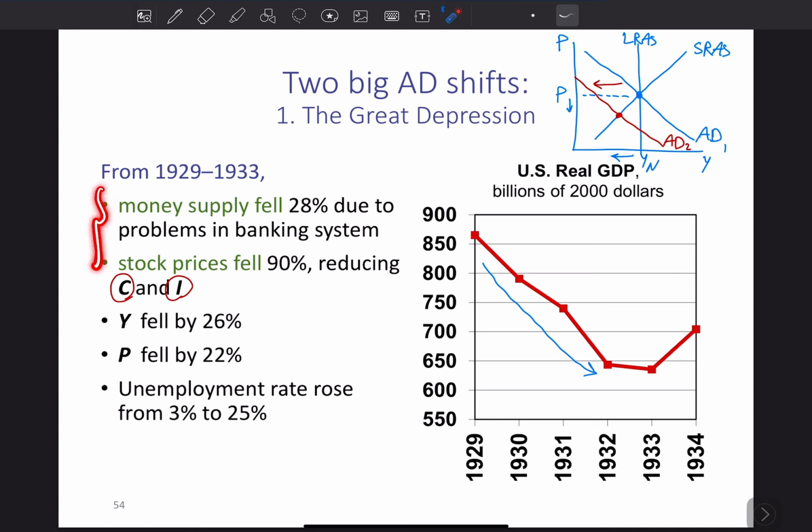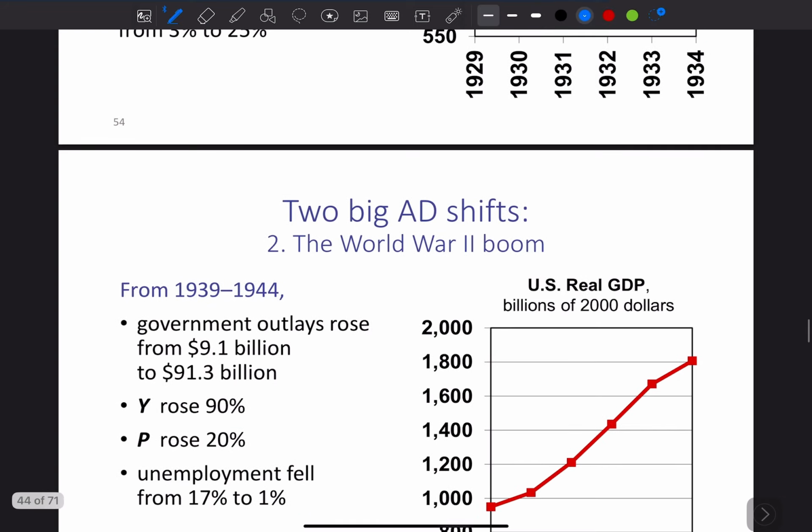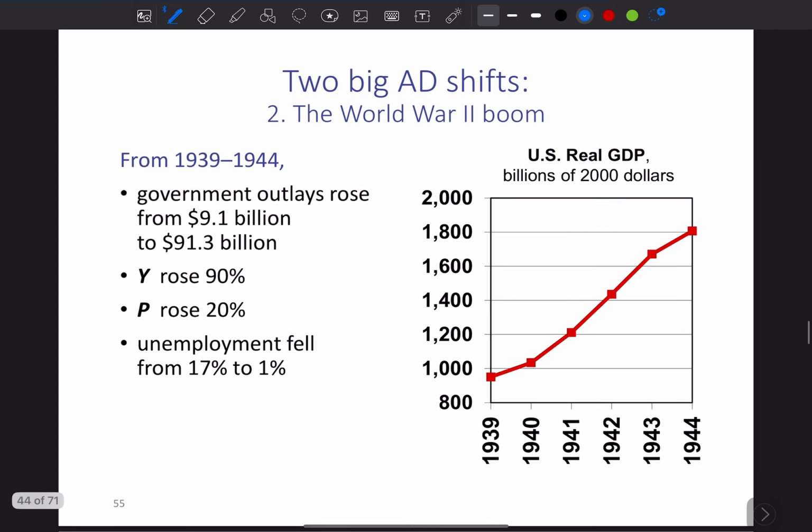These two reasons are considered the two main factors causing the Great Depression, a huge drop in the aggregate demand. The real GDP fell by 26%, and the level of the prices went down, and it caused a huge depression.